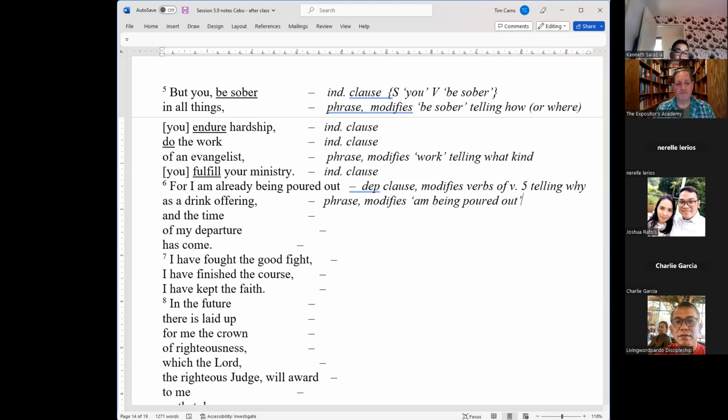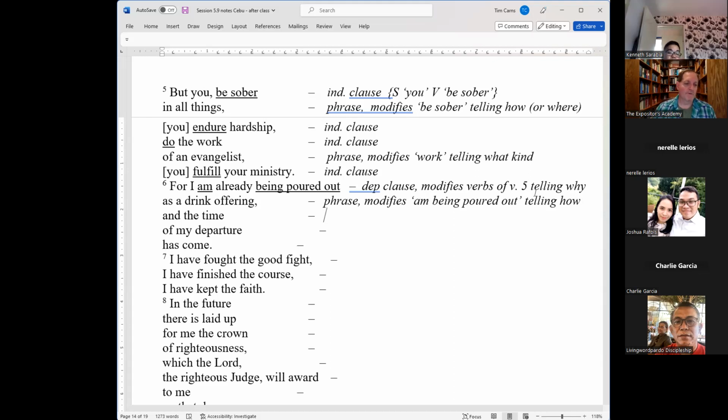It's modifying the verb. And how do you think it's modifying it? It answers the question how. Yeah, very good. How am I being poured out? As a drink offering, or like a drink offering. Excellent. Okay. How about this one?